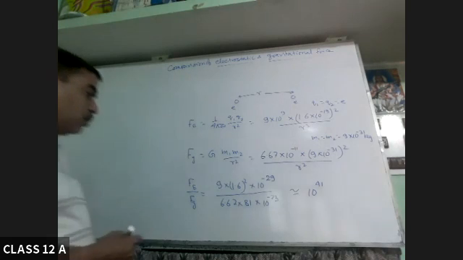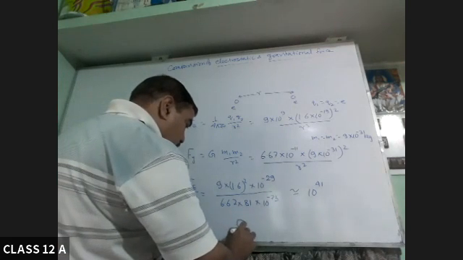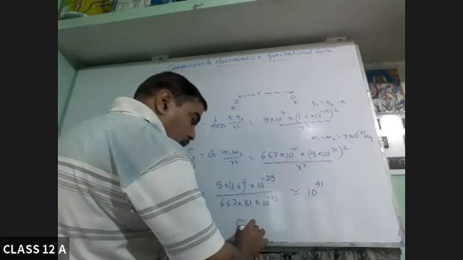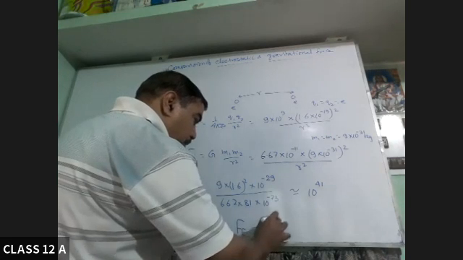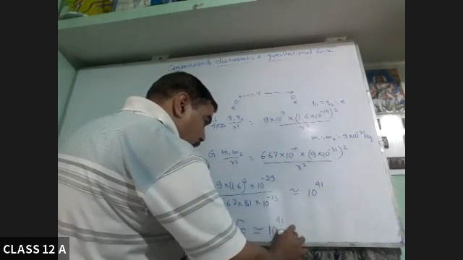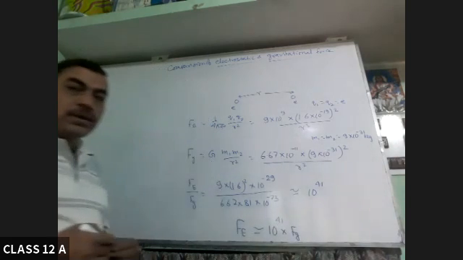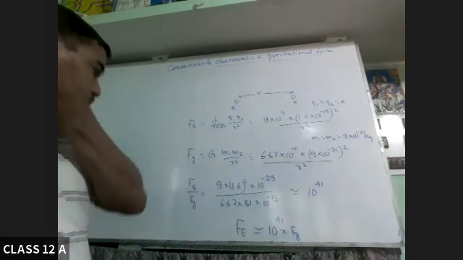That means the electrostatic force is 10 to the power 41 times the gravitational force. This is in the case of two electrons.